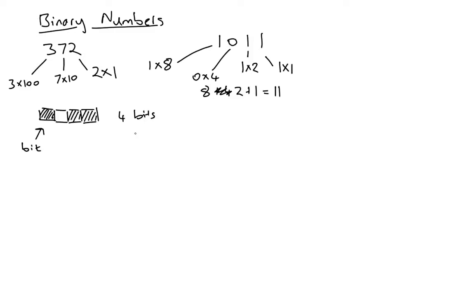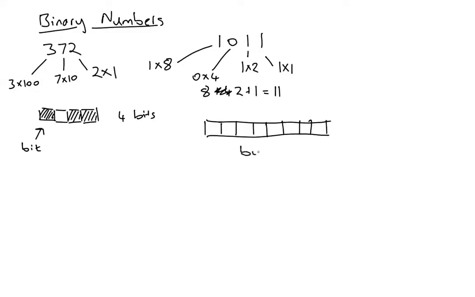The other thing I want to mention is that bits in the computer's memory are organized into bytes. A byte is 8 bits. So let's have 1, 2, 3, 4, 5, 6, 7, 8. So we've got 8 cells here. Let's check this: 1, 2, 3, 4, 5, 6, 7, 8.